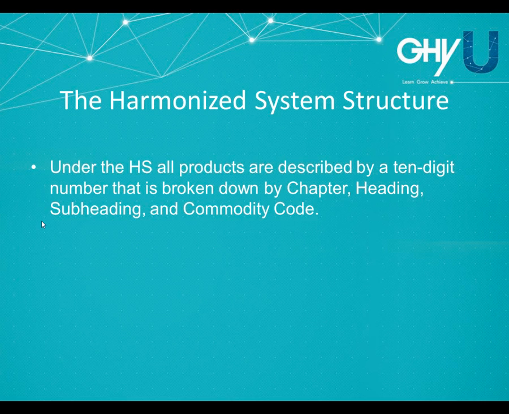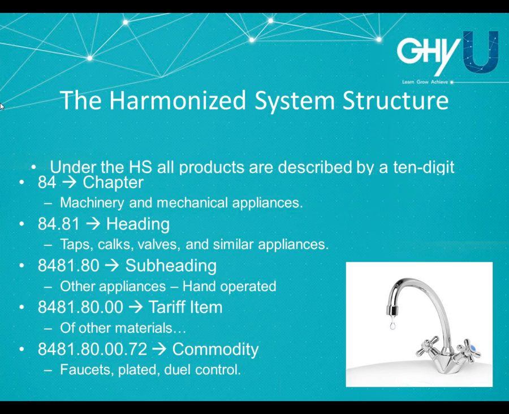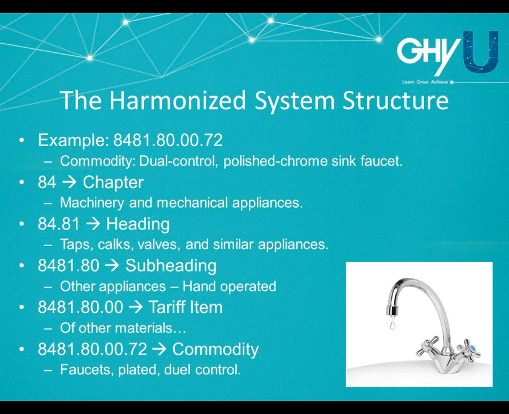The structure of the harmonized system. Under the HS system, all products are described by a 10-digit number that is broken down by chapter, heading, subheading, and commodity code. The example provided is a dual control polished chrome sink faucet.